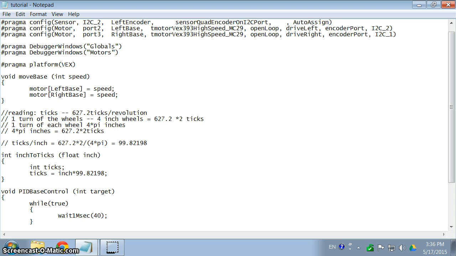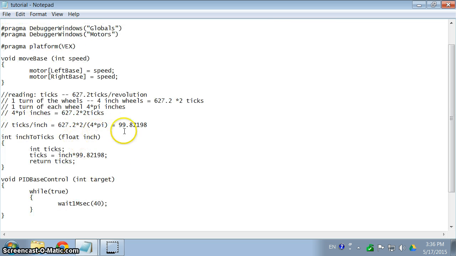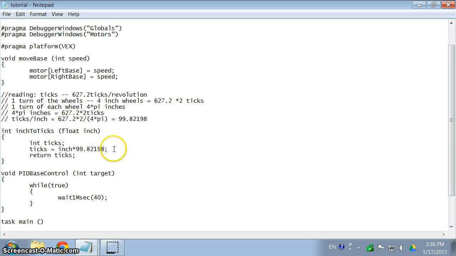So if you say it's 1 inch, this user function automatically outputs 99.82198 ticks, and in this case, because it's an integer, it rounds up, so it's 100 ticks. And then finally, don't forget to type return ticks. And there we go. We have just set up our useful handy dandy little conversion function.